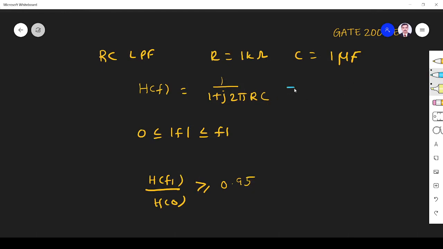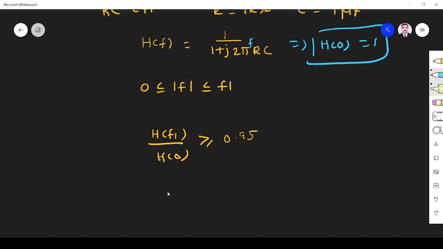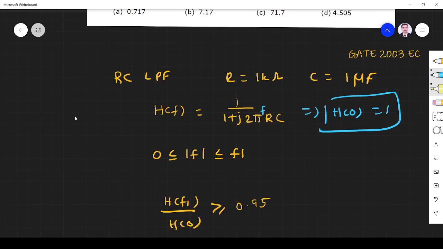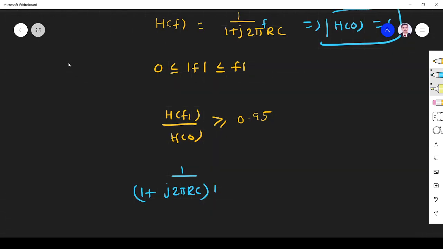From this we understand what H of 0 is. H of 0 is 1 by (1 + j2 pi f RC). I missed one f here. For f equal to 0, H of 0 is 1. So H of f1 by H of 0 is 1 by (1 + j2 pi f1 RC).